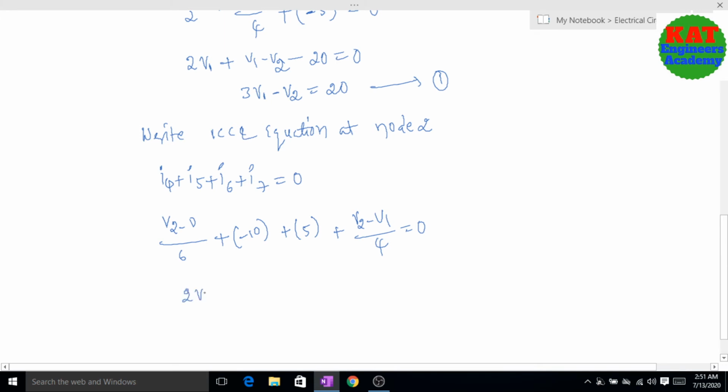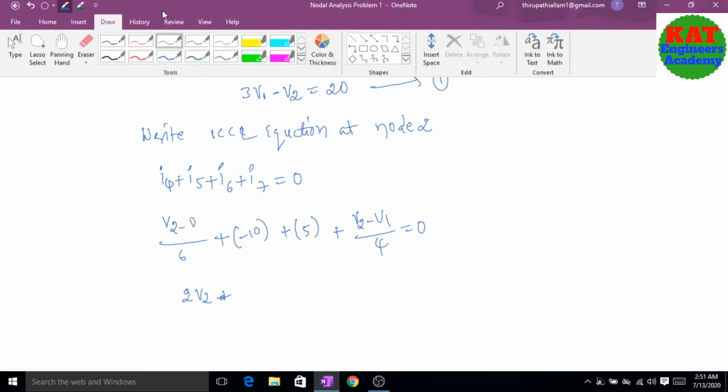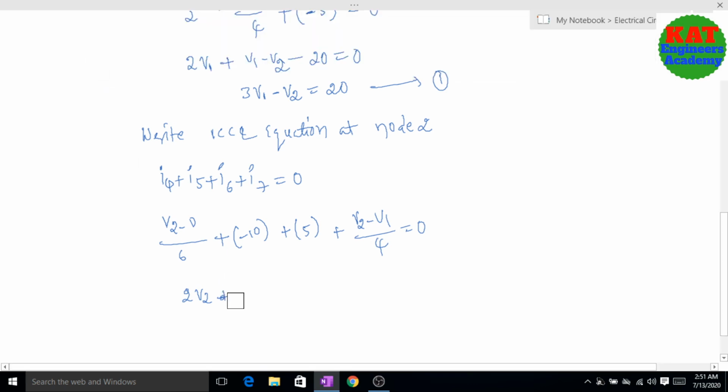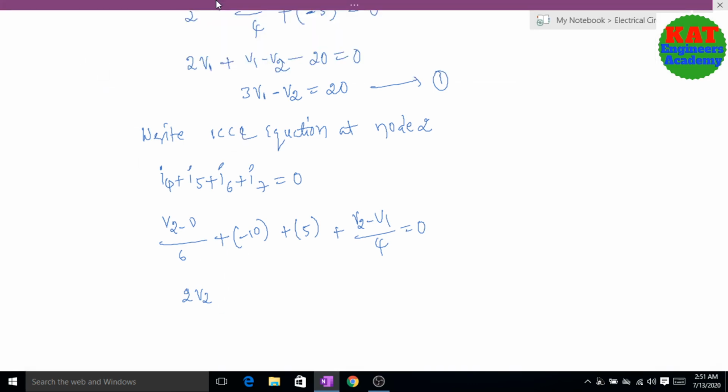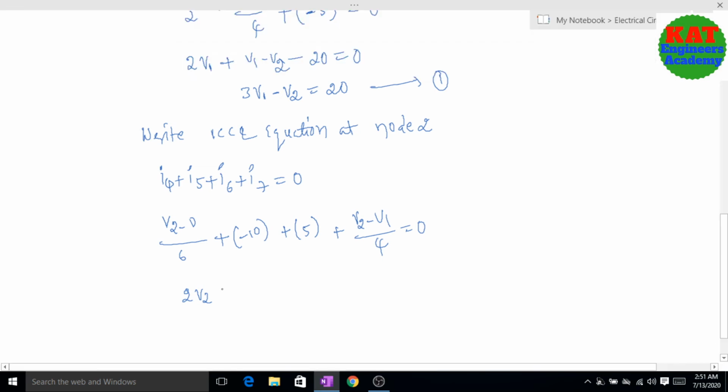So 2V2 minus 3V1 plus 3V2, 2 sixes are 12, minus 120, plus 12 fives are 60, equal to 0.